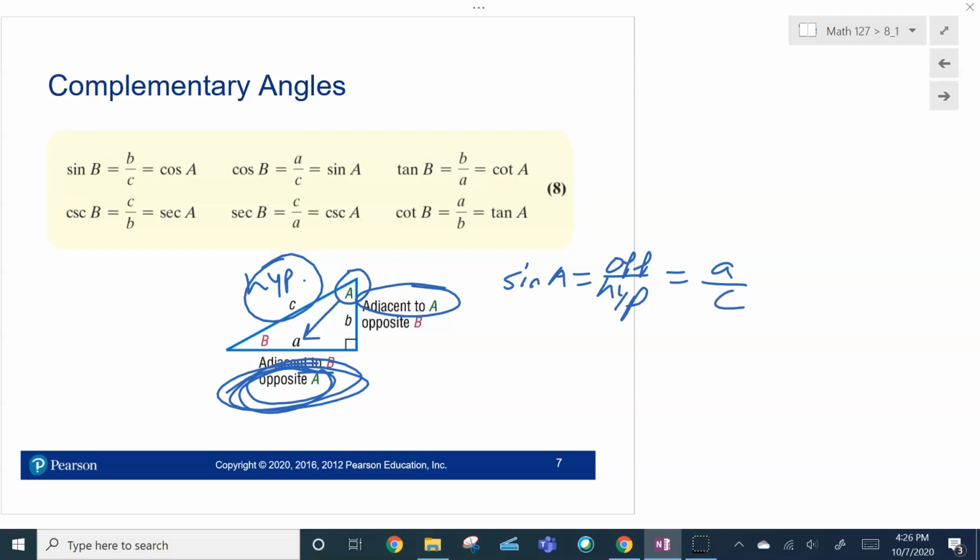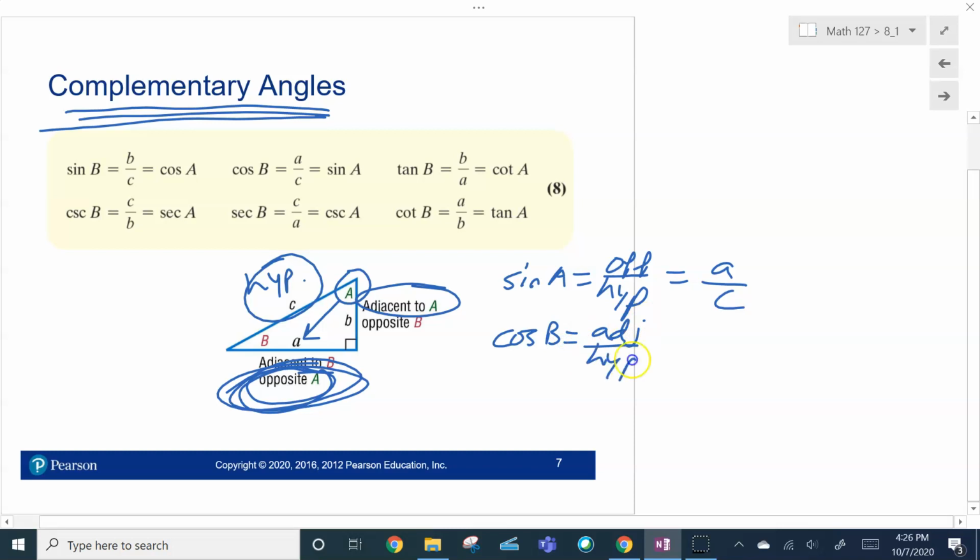So when this is saying complementary, what are complementary angles? Well, if you look at the cosine, or I'm sorry, the a over c would be the same as the cosine of B, because the cosine is adjacent over hypotenuse.